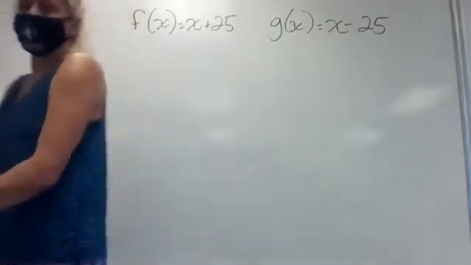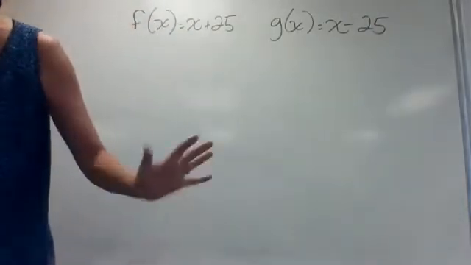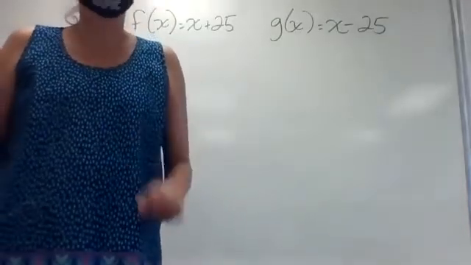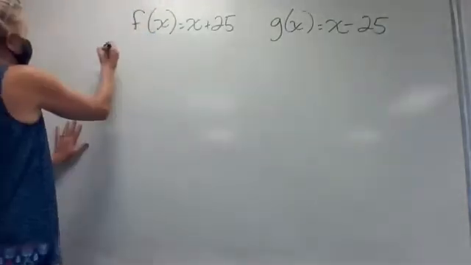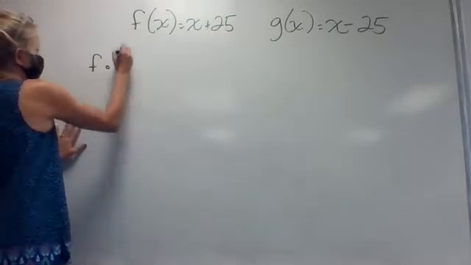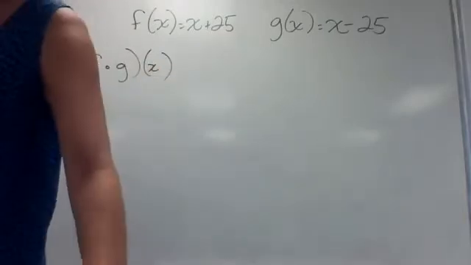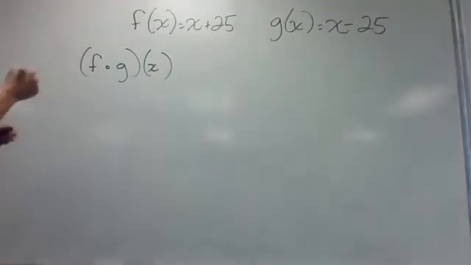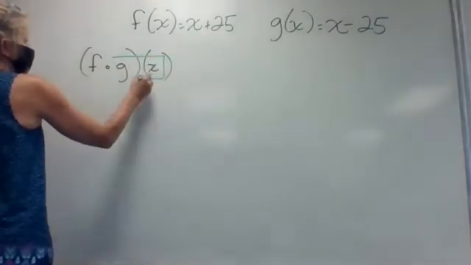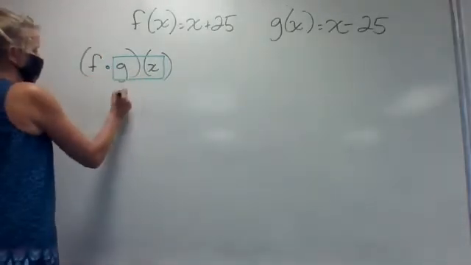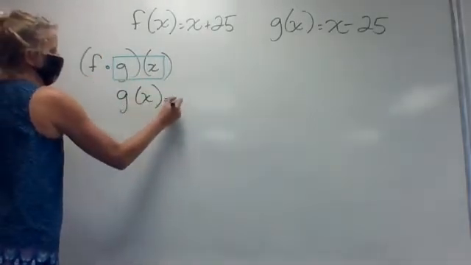So these are going to want us to find it both ways. First of all, we're going to find f of g of x. Remember, just like the first part of this lesson, whatever is in this position is what you're finding first. So I'm finding g of x.